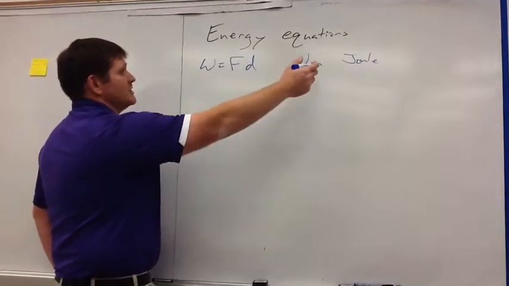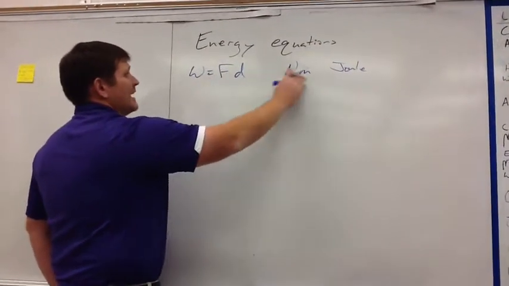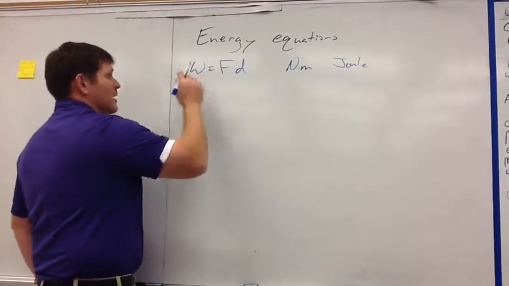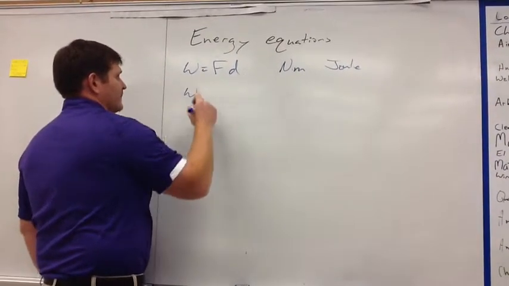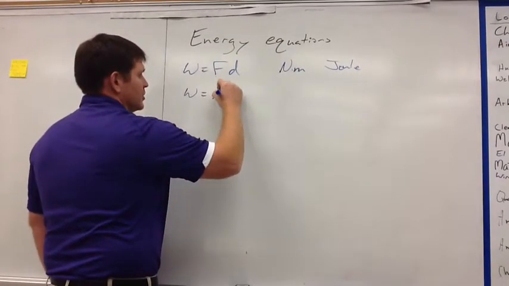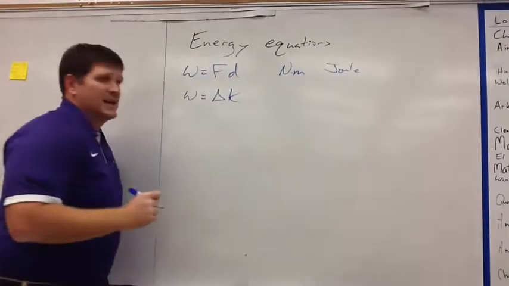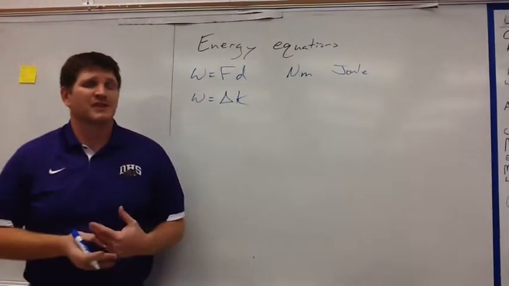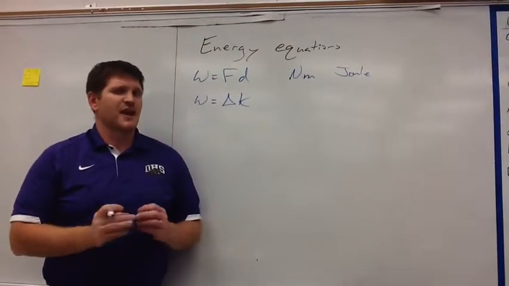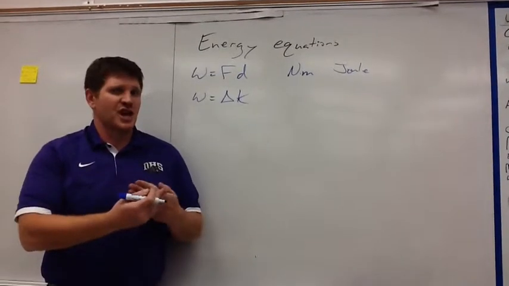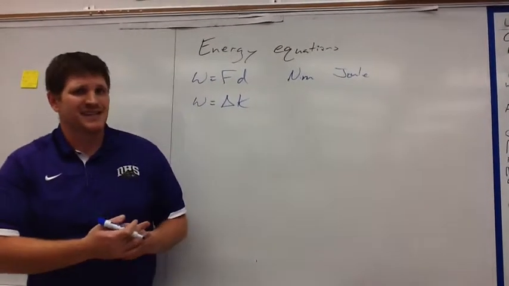So when I see joule, I can interchange my work equation into kinetic energy, or more specifically, the change in kinetic energy. If I have some kinetic energy and I'm seeing that change, that's the amount of work that is being done.